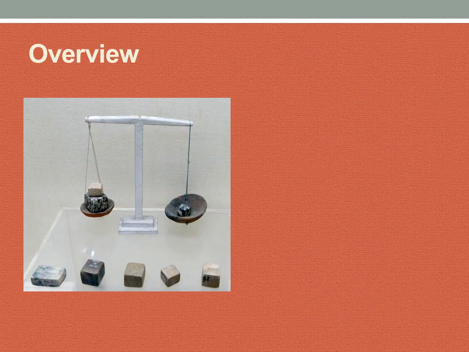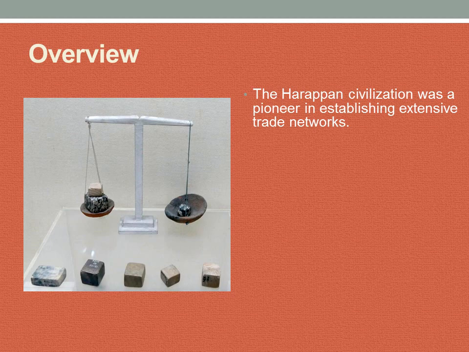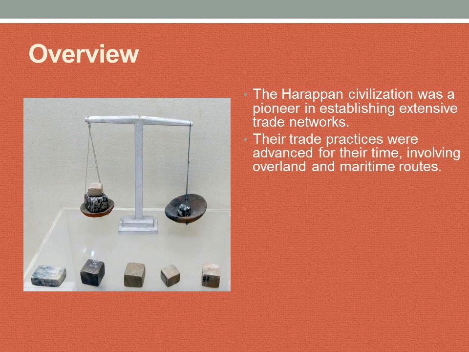Overview. Now, what are the main points we can draw from the entire presentation? The Harappan civilization was a pioneer in establishing extensive trade networks. From all the trade routes and the evidence of trading commodities found elsewhere in the world, we can understand that the Harappan civilization was a pioneer in establishing very extensive and advanced trade networks all around the then world.